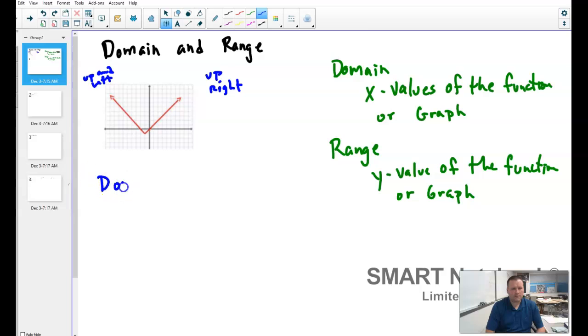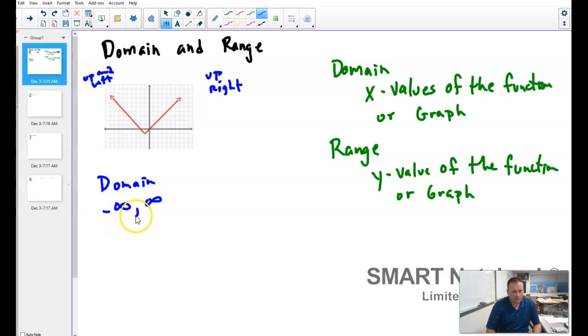So for my domain for this one, because it never stops going left, I'm going to say that goes to negative infinity. Okay? And then because it never stops going right and there's no gaps in between, I'm going to say that goes to infinity. So I can write this a couple different ways.